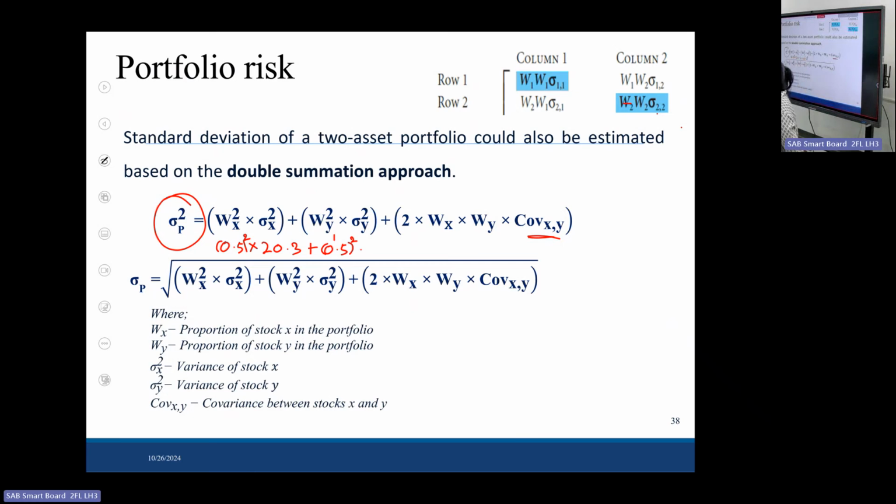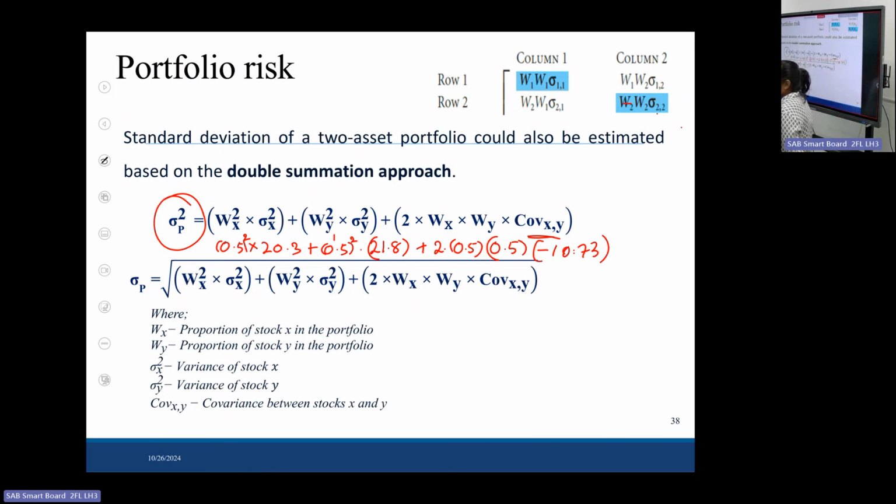Variance of Y 21.8. Twice into weight X 0.5, weight Y 0.5, covariance was minus 10.73.